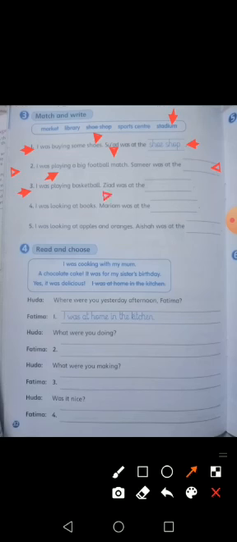Zaid was playing basketball in the sports center. Zaid was at the sports center. And number 4, I was looking at books. Maryam was looking at books at the library. And the last one, I was looking at apples and oranges. Aisha was at the market. Aisha was at the market, right?